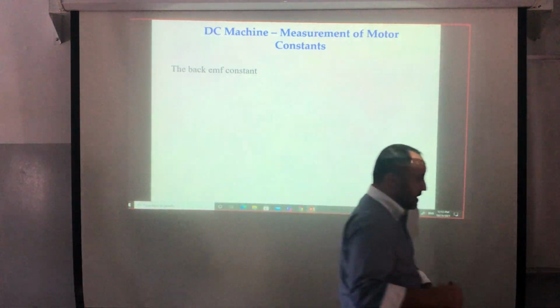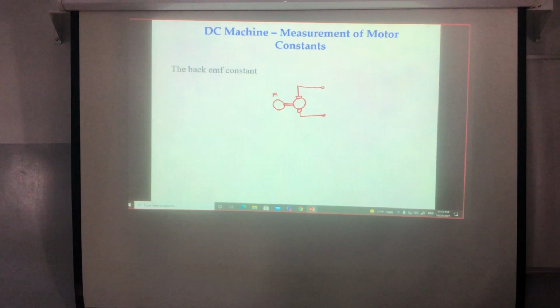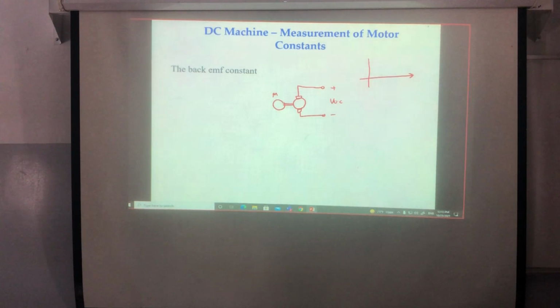Here I will drive the machine as a generator, which means that I will bring a prime mover. Now this is my machine, driven by a prime mover, let's say another motor. Then here I will measure the terminal voltage, V open circuit, and I will record V open circuit with respect to omega.